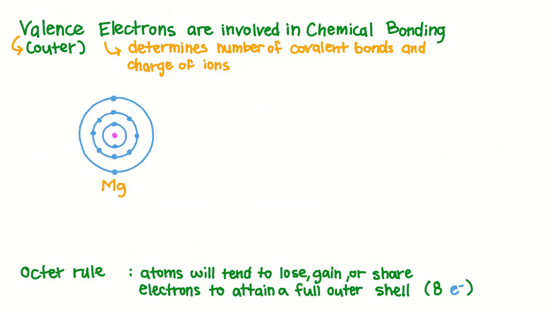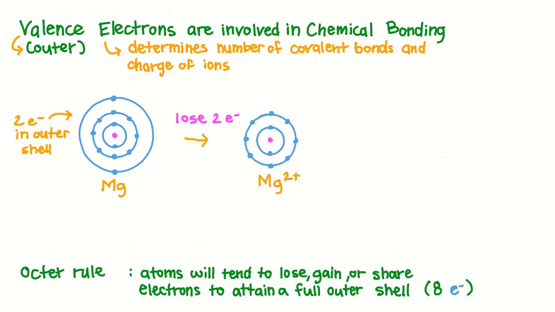With the octet rule in mind, let's take a closer look at some of these electron shell diagrams that we were looking at earlier. As we said, magnesium has 2 electrons in its outer shell. So if magnesium lost those 2 electrons, it could have a full outer shell, which is why magnesium and other elements in group 2 of the periodic table commonly form 2+ ions.